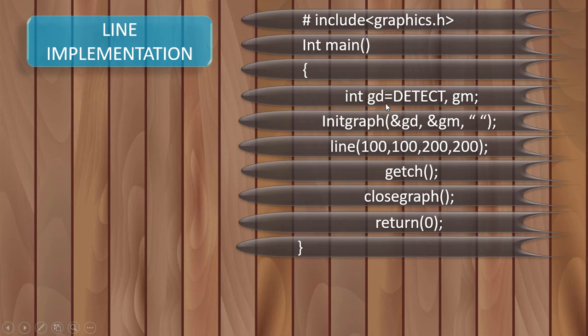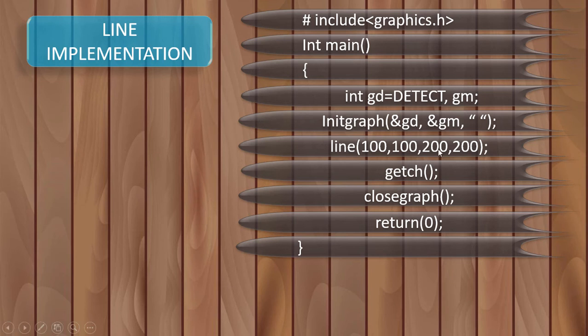GD defines the graphics driver. With the help of DETECT, it will detect the graphics driver installed in your system. GM is the graphics mode, with the help of which it defines how your object will get displayed on our screen.